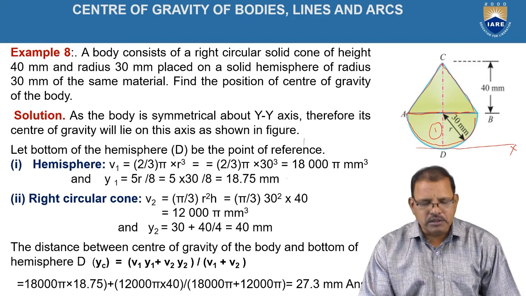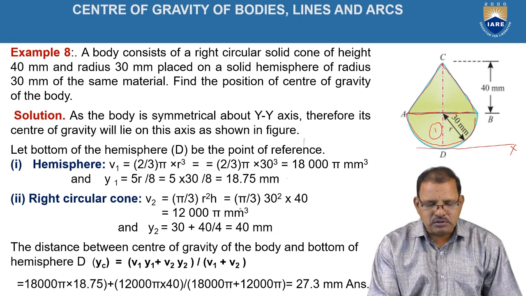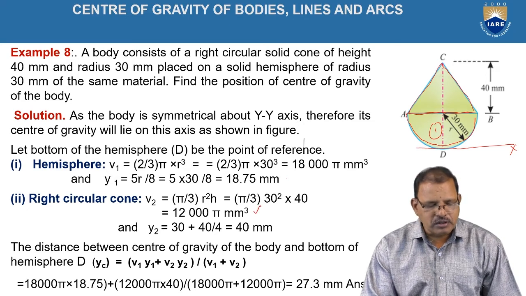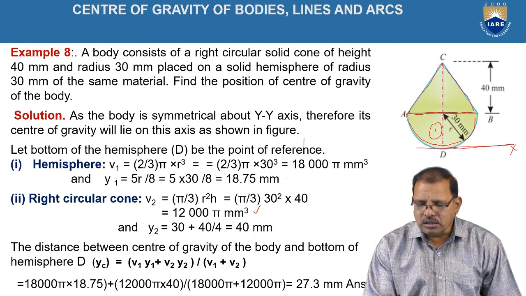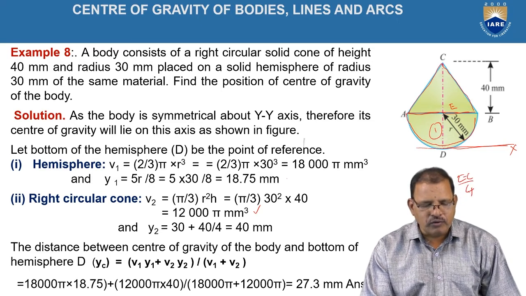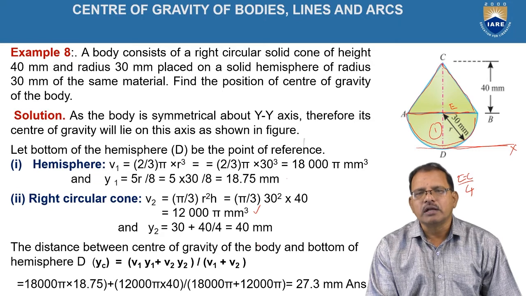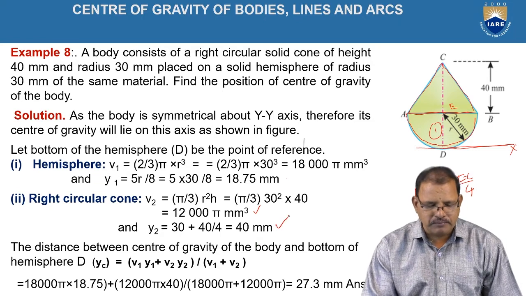Similarly, for the right circular cone, V2 is equal to 1/3 pi r square h, which is equal to 12,000 pi mm cube, and y2 is equal to dA plus EC divided by 4, that is h by 4. That means 30 plus 40 by 4, which is equal to 40 mm.